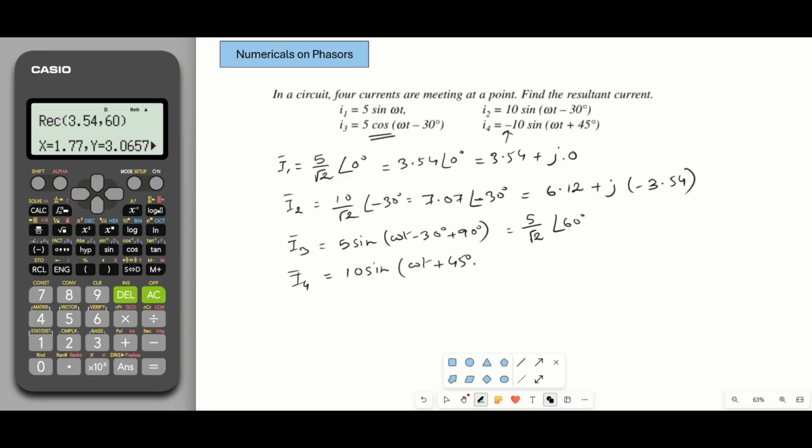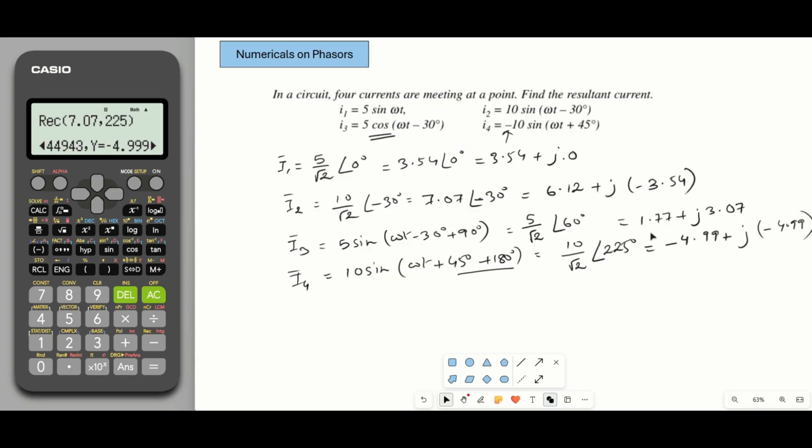To remove the sign, we have to add 180 degree. So now this will be 225 degrees. So this is 10 root 2, angle is 225 degree.